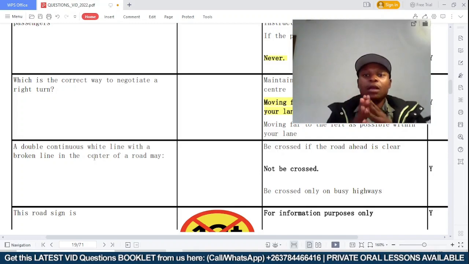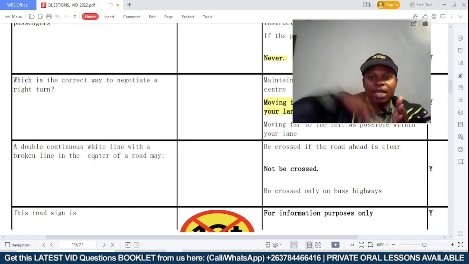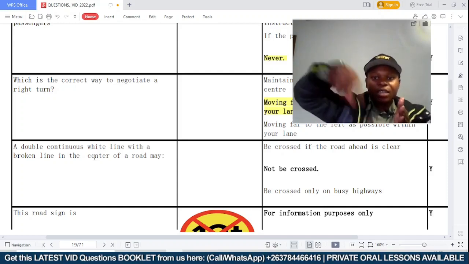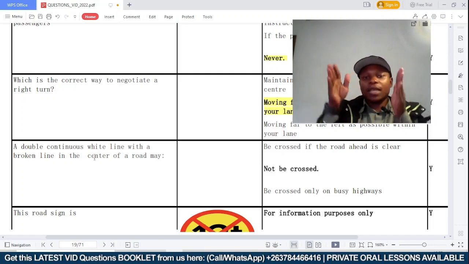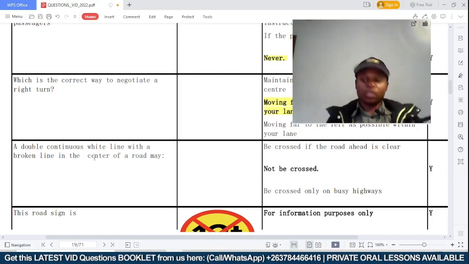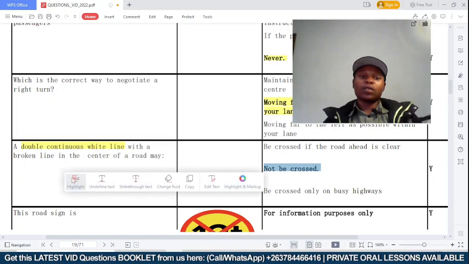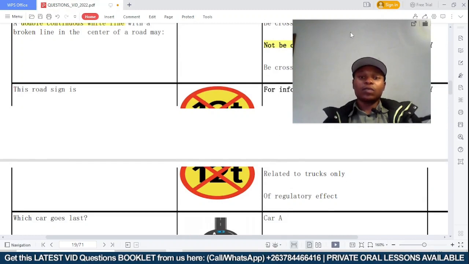There's a broken white line in the middle, but on both sides of that broken white line there is a double continuous white line, which means that it may not be crossed. So definitely a double continuous white line should not be crossed. So this one is our correct answer here. Now moving on to the next question.